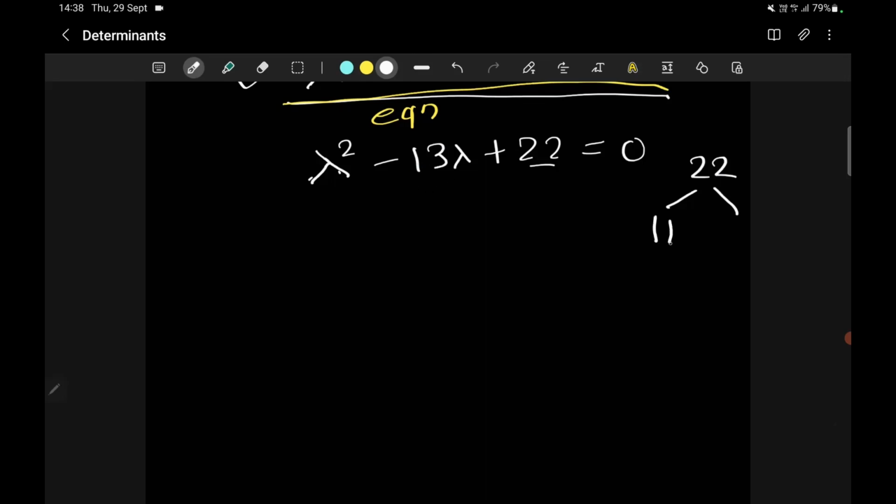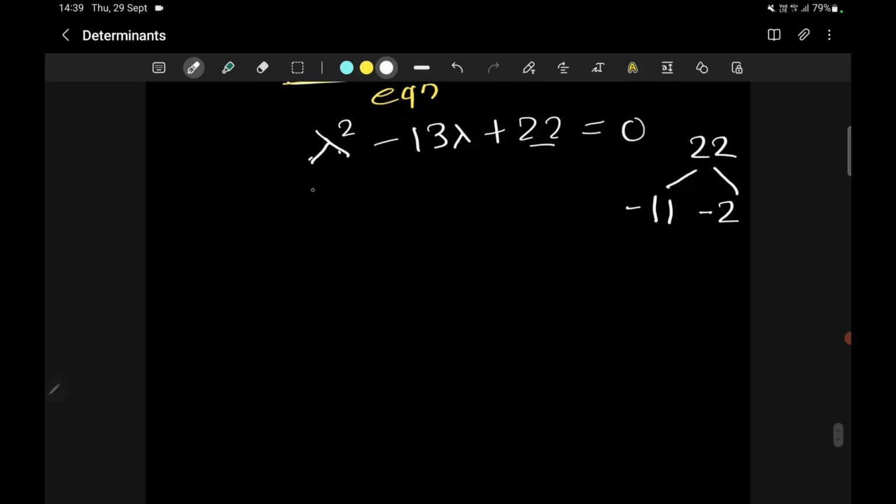So those numbers will be 11 and 2. Then we want minus 13. So minus 11 and minus 2 will be minus 13, and if we multiply minus 11 and minus 2, we'll get plus 22. Therefore we'll write this as lambda square minus 11 lambda and minus 2 lambda plus 22 is equals to 0.